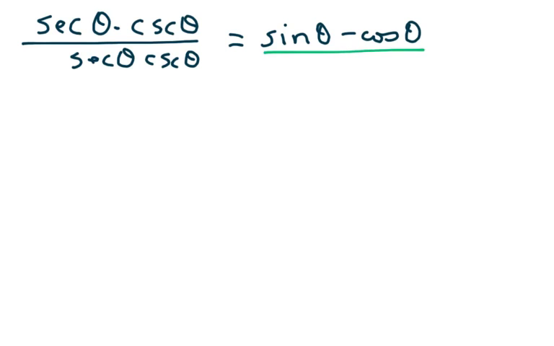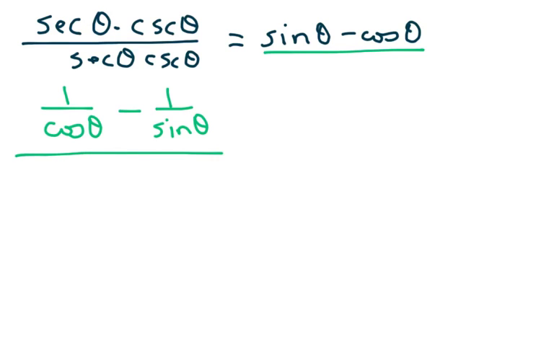So there's not much we can do with this side. On the right side, since everything is in terms of sine and cosine, I'm going to do the same with this. So we have 1 over cosine theta minus 1 over sine of theta, over 1 over cosine times sine. I'll put the thetas in.